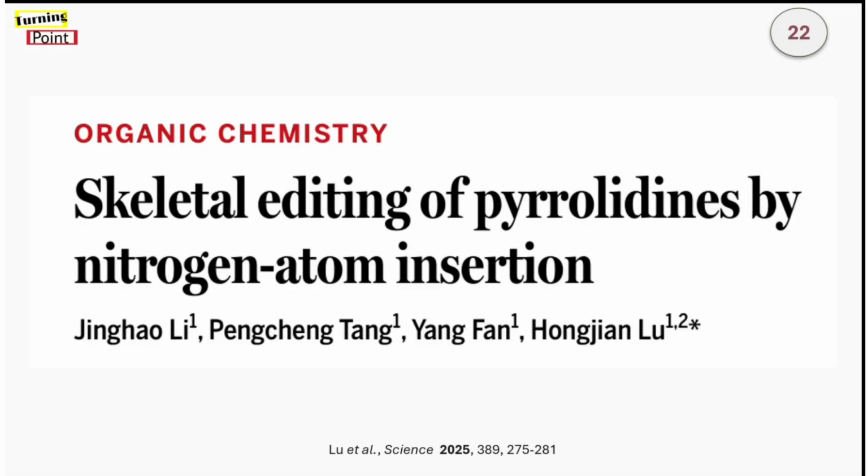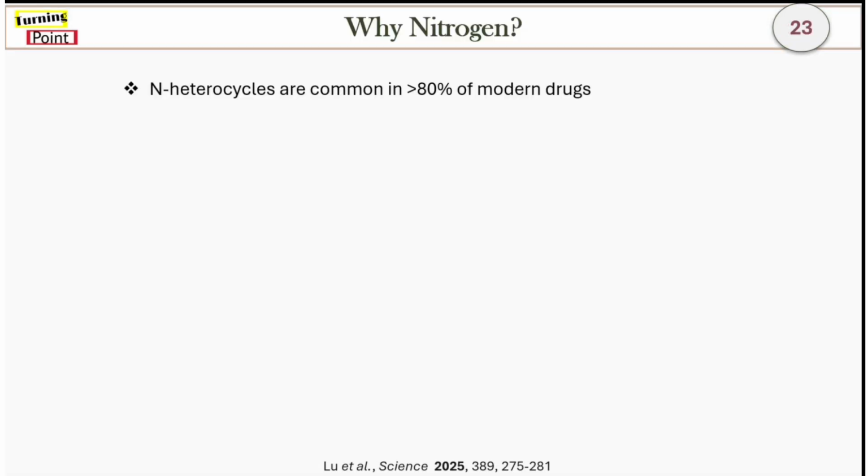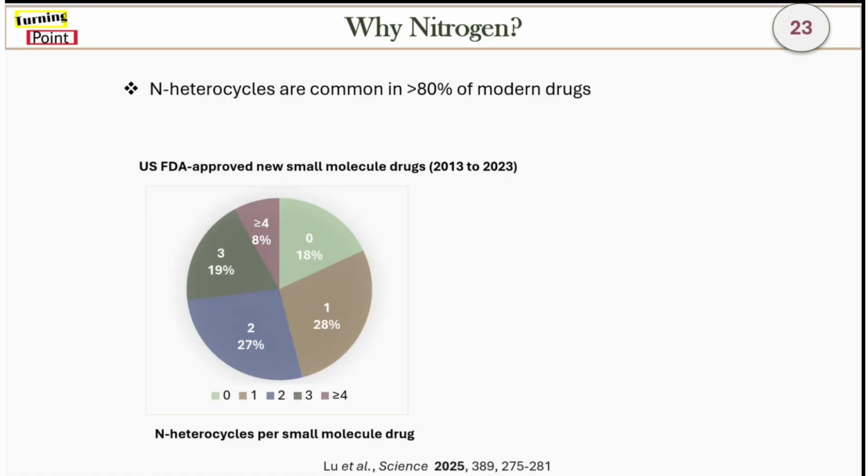In this case they have shown the example of nitrogen atom insertion in pyrrolidine rings. So why did they choose the nitrogen atom only? Because N-heterocycles are common in more than 80% of modern drugs. This is the US FDA approved data.